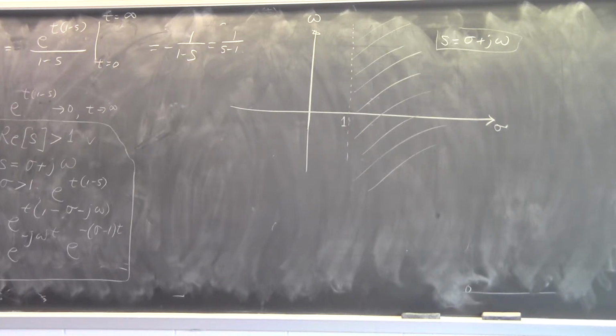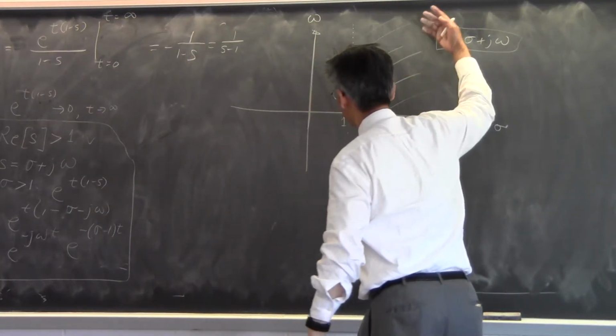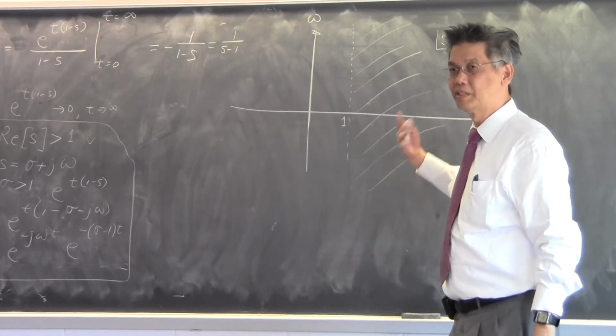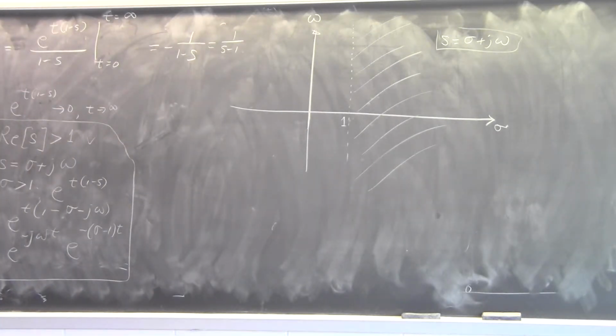The Fourier transform would not have existed because it would not have converged. But with the Laplace transform, we have a choice of what our s should be. We choose s so that the upper limit can be evaluated. Even an exponentially growing function can have a Laplace transform, but you have to pick your s values to be here. Is this clear?